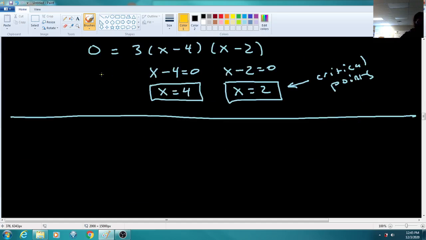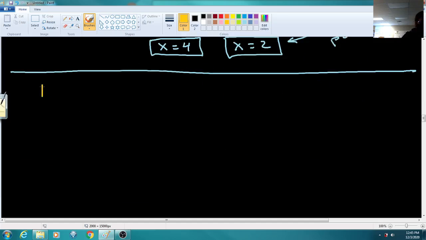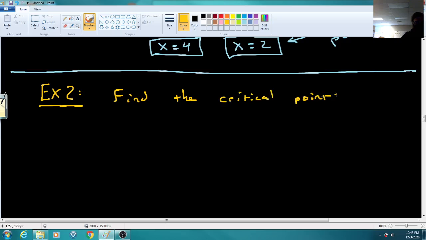For the second example, we want to find the critical points of the function y equals the absolute value of x.